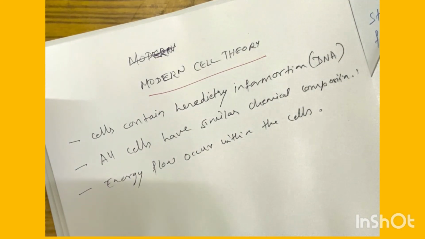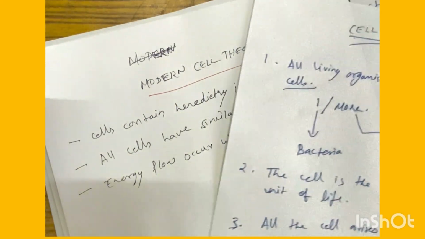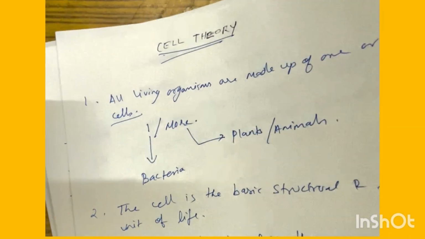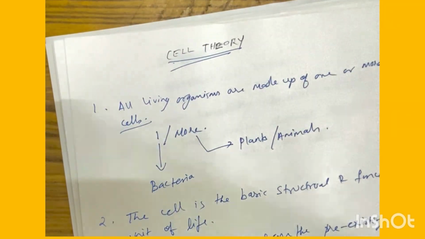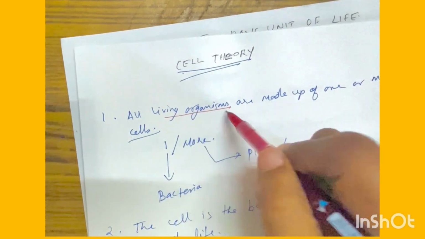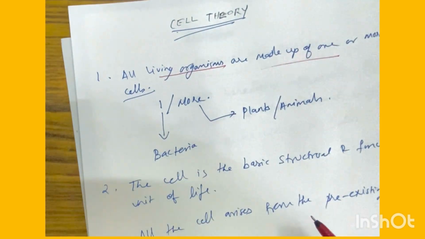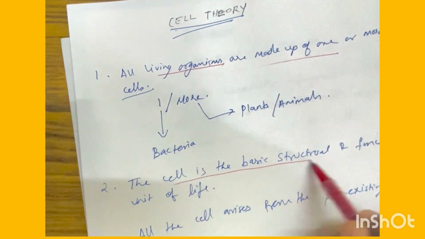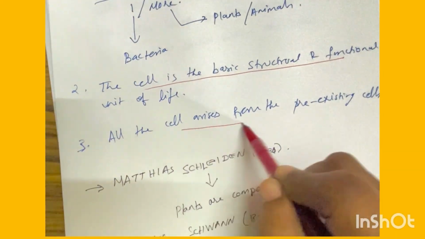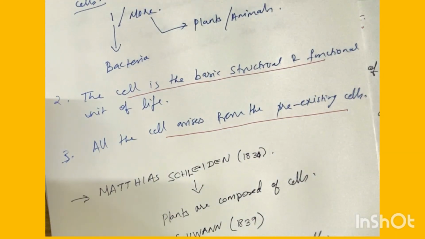Okay. Now if I ask you, can you define the cell theory now? So obviously you all will say that cell theory states that all the living organisms are made up of cells, one or more cells, and the cell is the basic structural and functional unit of life, and the cell arises from the pre-existing cells.